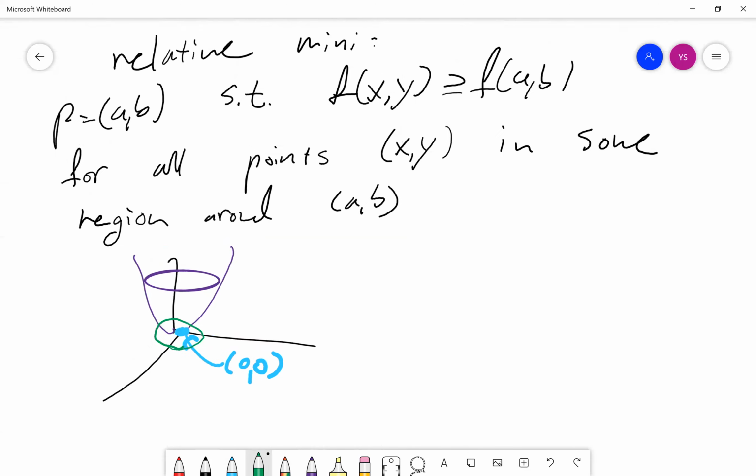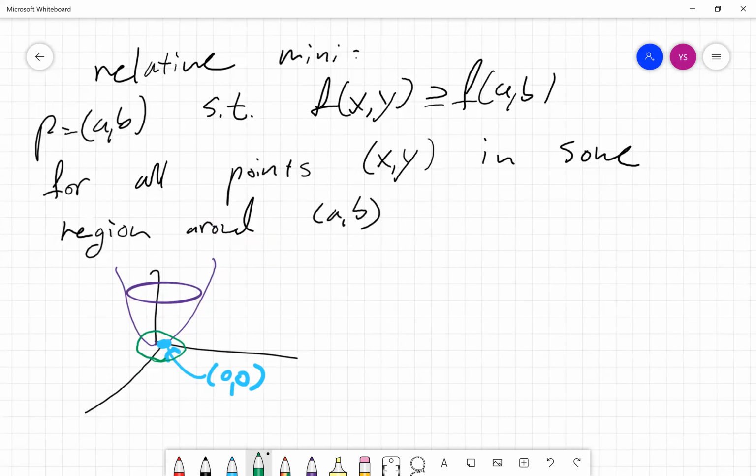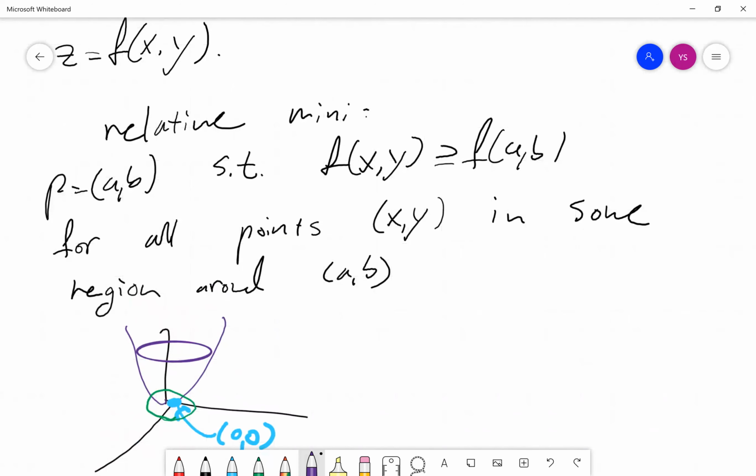And a relative maximum is the same exact thing, but now this sign is flipped. So for the max, you get f of (x, y) is less than or equal to f of (a, b). So it's the top point.